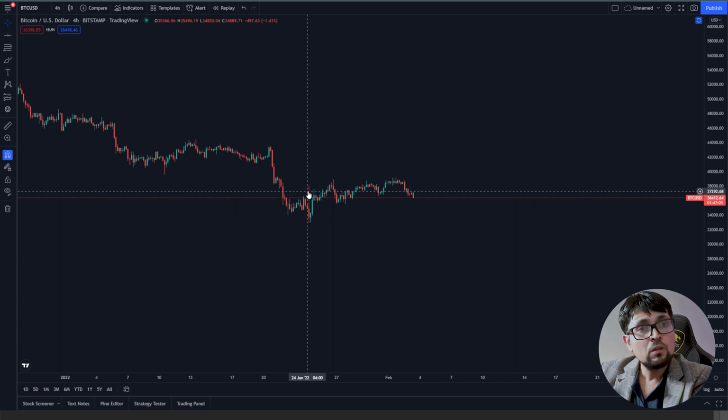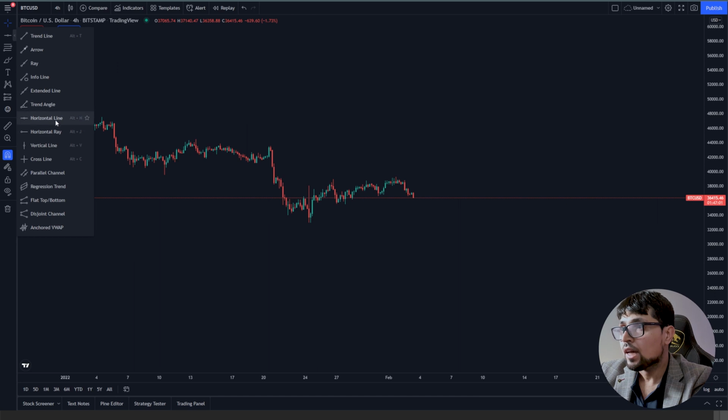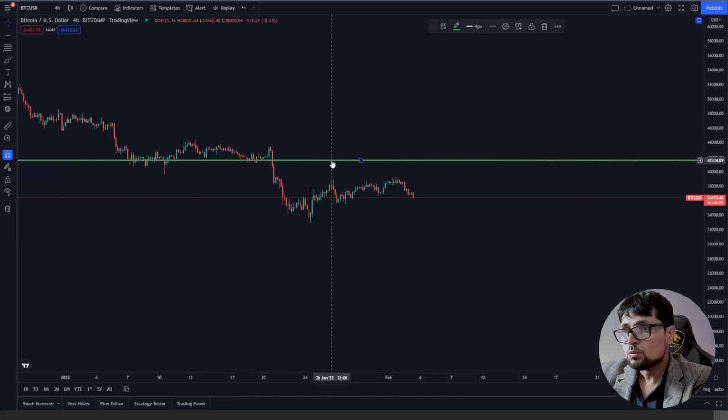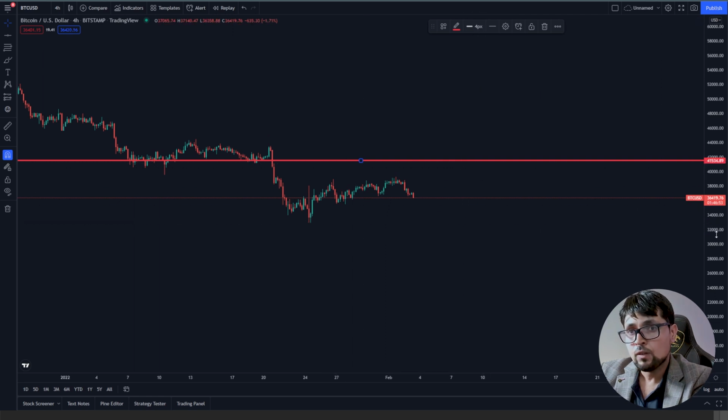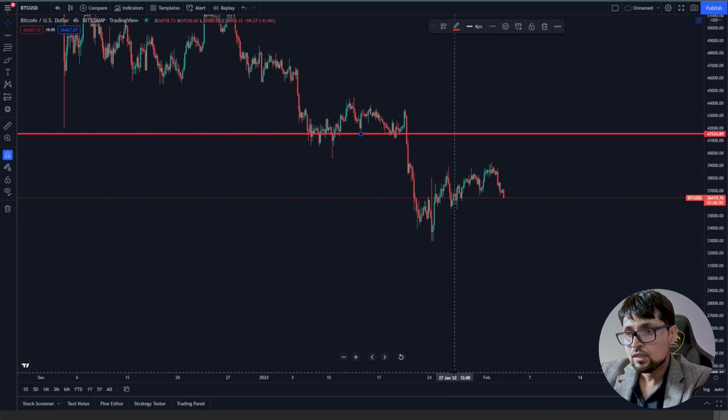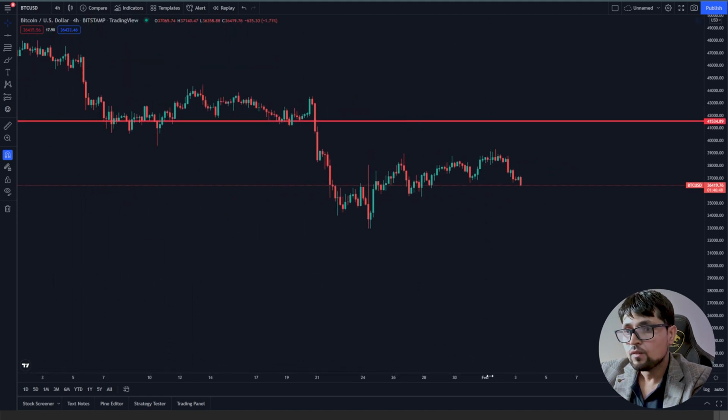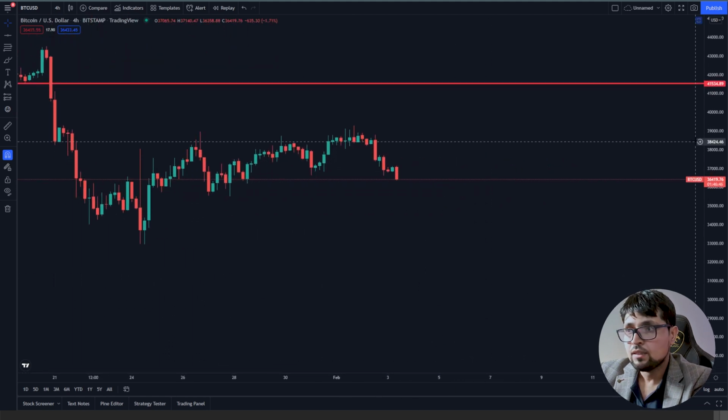So we need to find our resistance and support. For that, I will first click the horizontal line, this one. I'll mark it somewhere and change the color for resistance to red. I'll keep it 4 pixels as before and I will just increase the size. Hopefully you can see it on the screen.